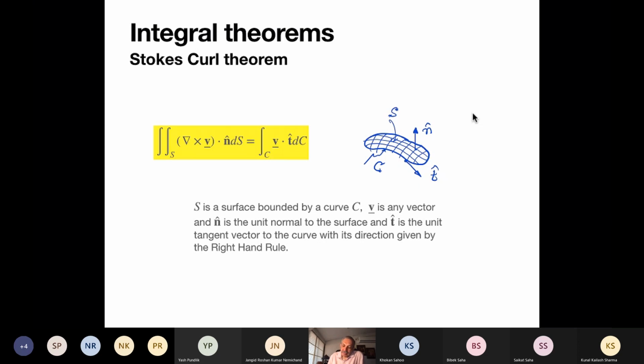The directions of n and t are not independent. If n is pointing along the thumb of your right hand, so it's the right hand rule again, then the fingers point along the direction t.